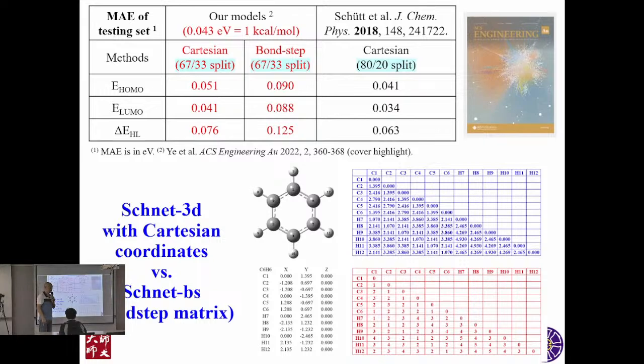It's the state of the art these days. You cannot get more accurate than this, okay? But it needs the Cartesian coordinates. If you switch from the Cartesian to bond step, you just double the error, 2 kcal, okay? So it depends. Is it good enough for you to use it? If it's good, then you can do this, still with SchNet, okay? Just fit different things, okay?